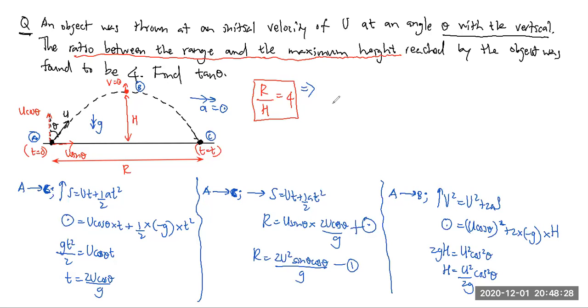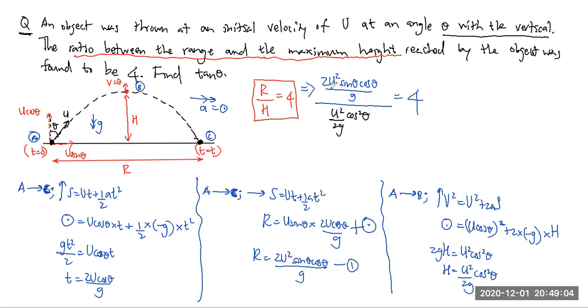So if we substitute there, R, that is 2u squared sin theta cos theta divided by g, the entire thing must be divided by capital H, that is u squared over 2g cos squared theta. And this whole thing is in fact equal to 4. Now you have to carefully cancel out the parts which can be cancelled out.